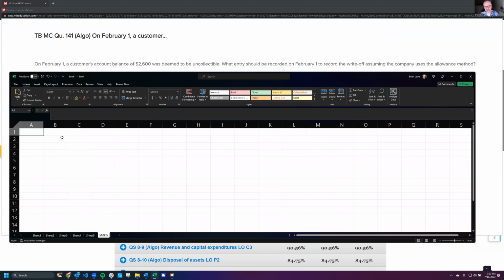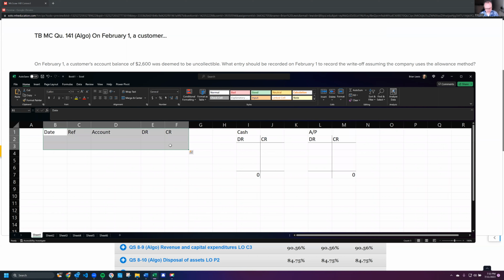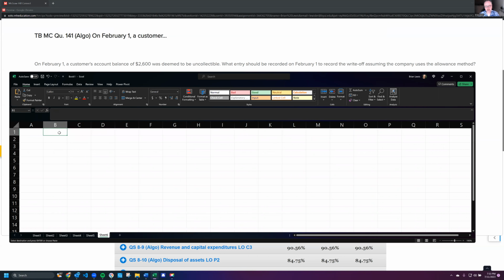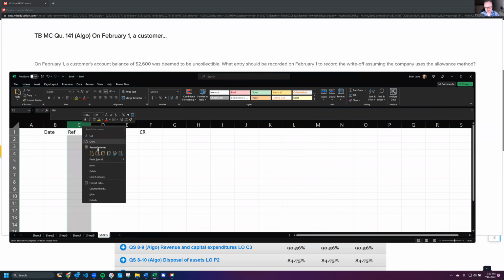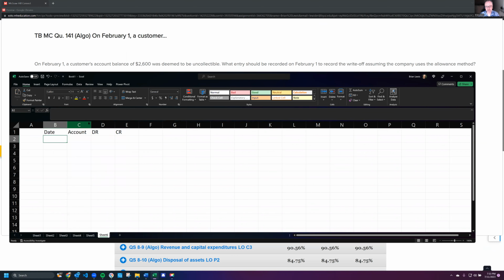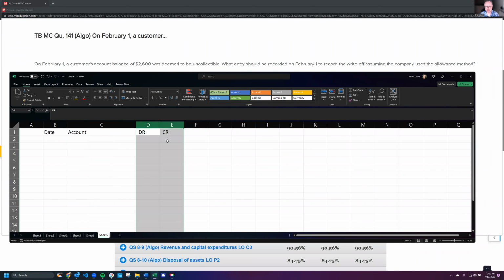If I understand this correctly, then I go back to my good old-fashioned journal entry. I paste it. Let's just take this one out because I don't think we need it. And we'll just make this a number. So on 2/1, we're going to write off a balance using the allowance. So we have the customer's balance.